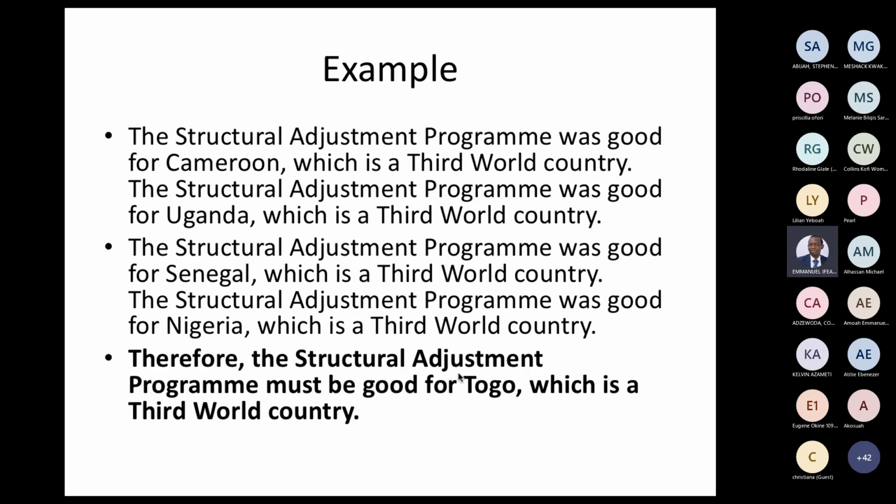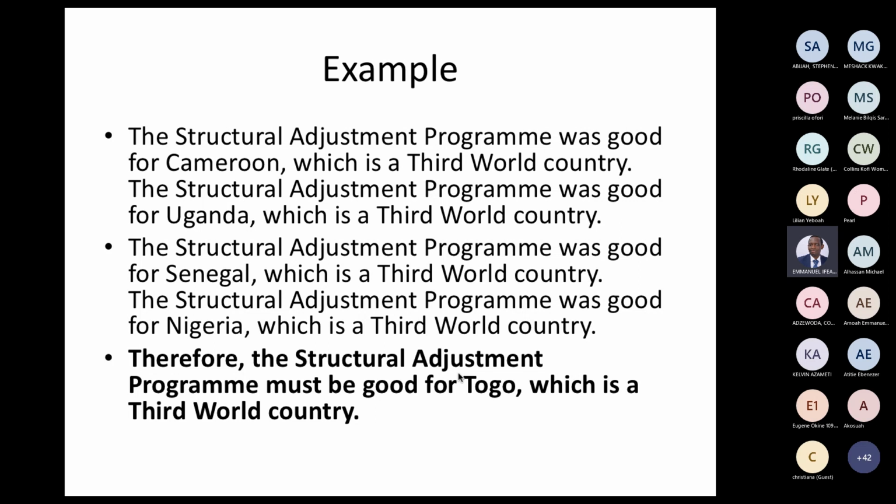So that's an analogy. Example: the structural adjustment program was good for Cameroon, which is a third world country. The structural adjustment program was good for Uganda, which is a third world country. The structural adjustment program was good for Senegal. It was also good for Nigeria. Therefore, the structural adjustment program must be good for Togo, which is a third world country.